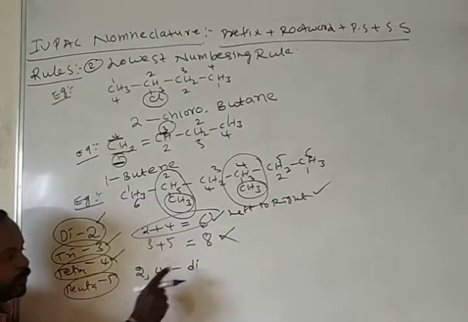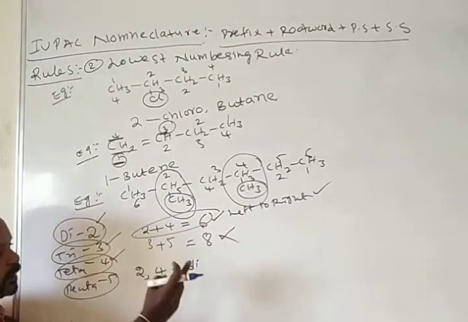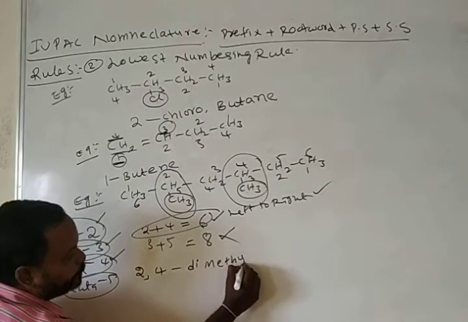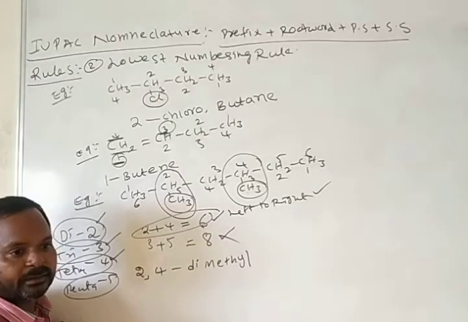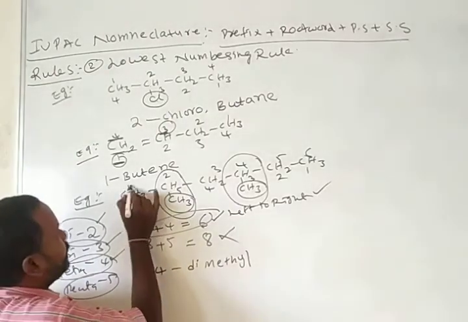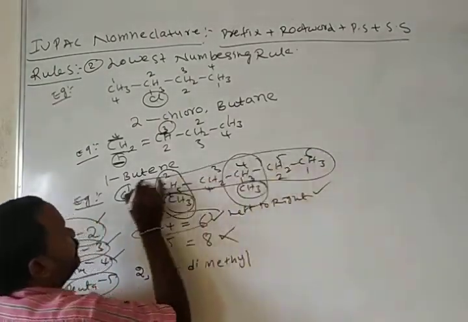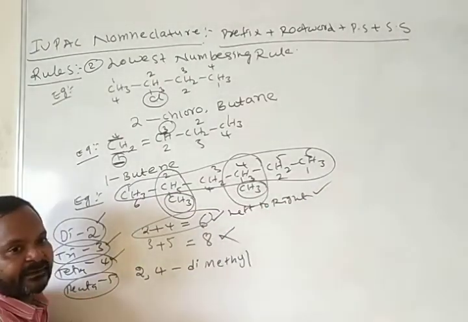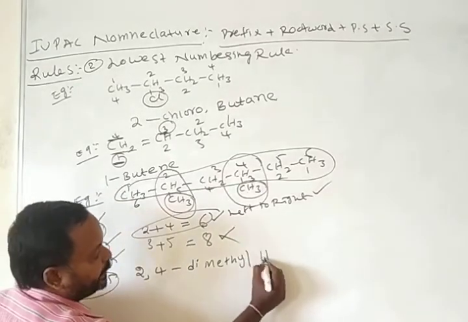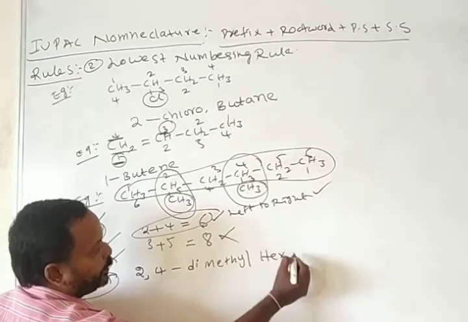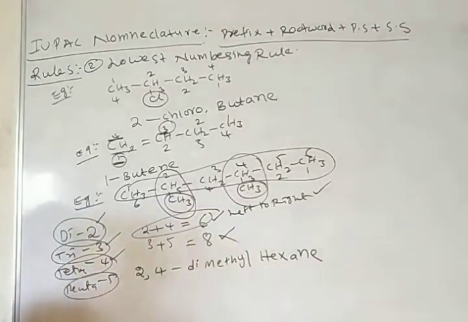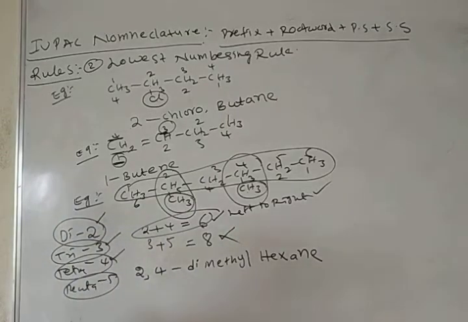Two methyl groups are there, so I mention di, then methyl: 2, 4, dimethyl. How many carbons are present in the chain? We have only one chain, with 6 carbon atoms, so write hex, and no double bond, no triple bond: ane. The name of this molecule is 2, 4, dimethyl hexane.